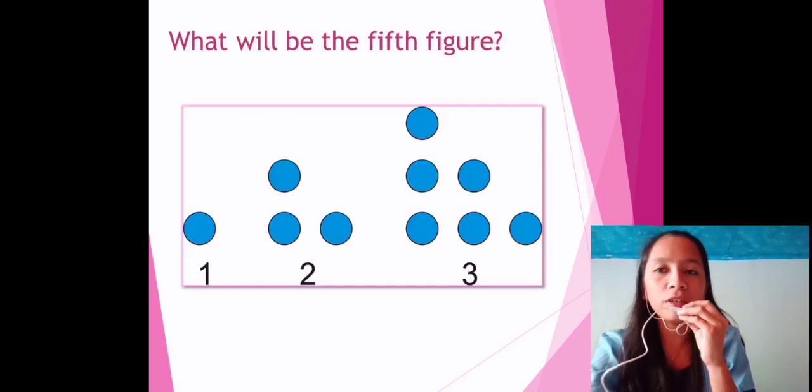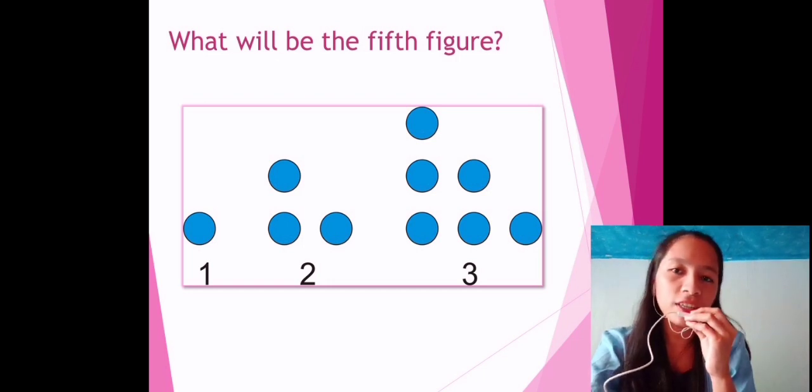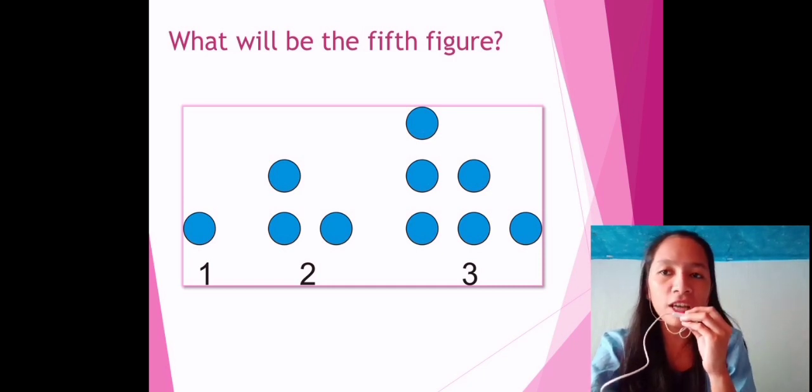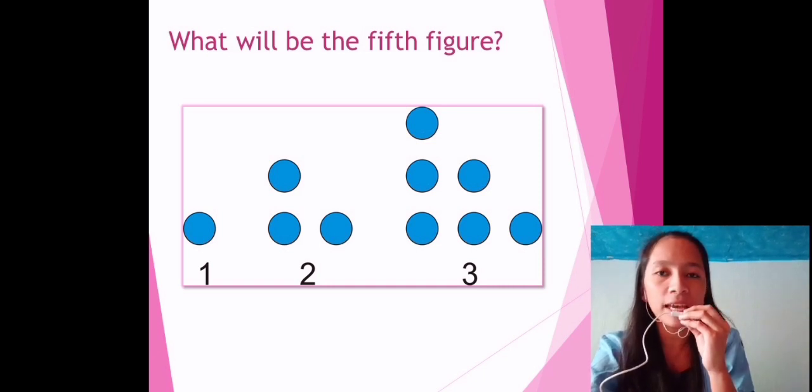Sa unang figure, meron tayong 1 circle. Sa pangalawang figure, meron tayong 3 circles. At sa pangatlong figure, meron tayong 6 circles. So, kung mapapansin natin, sa unang figure, di ba, isa lang siya. Doon sa pangalawa, dinagdagan lang siya ng 2 circles doon sa kanyang left side. And then, doon sa pangatlo, yung second figure natin, dinagdagan lang siya ng 3 circles sa left side.